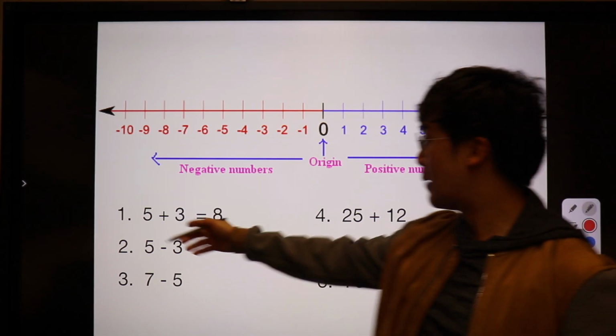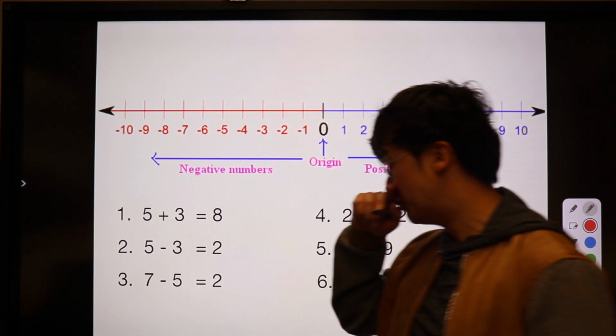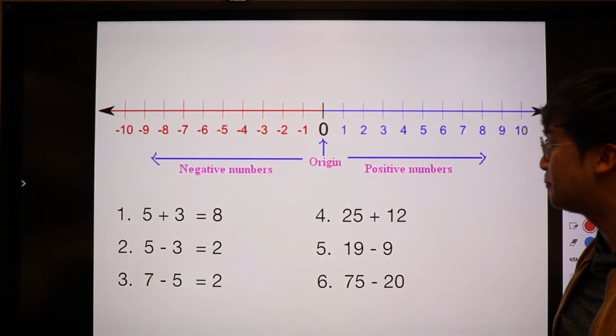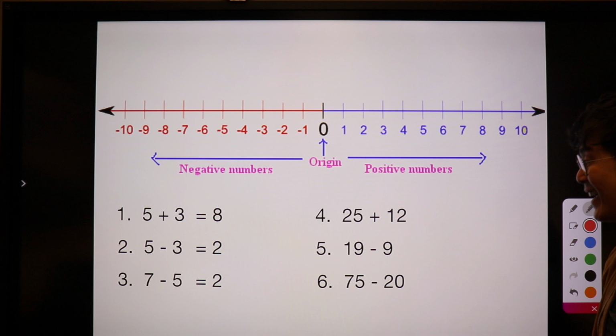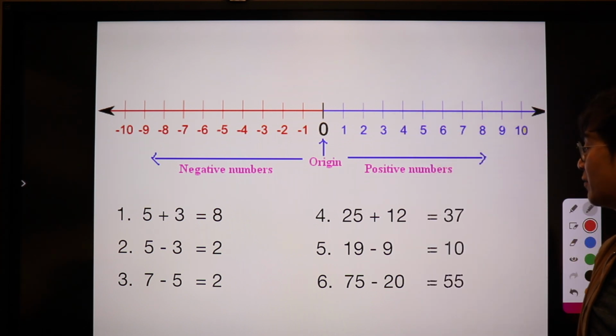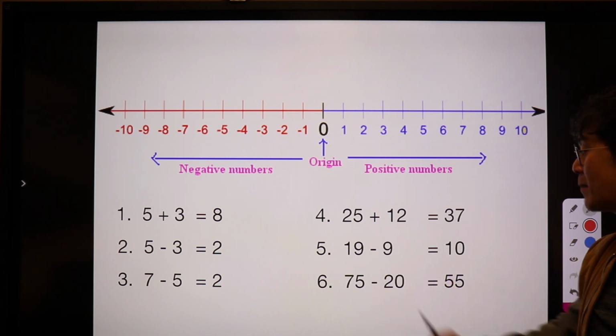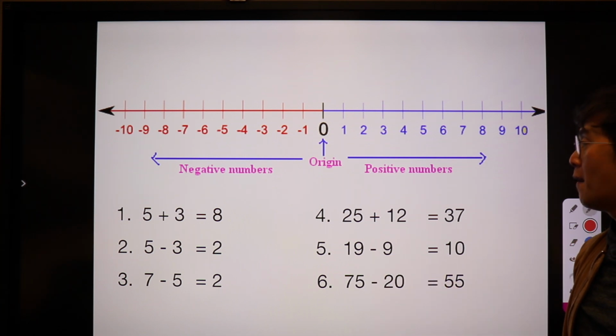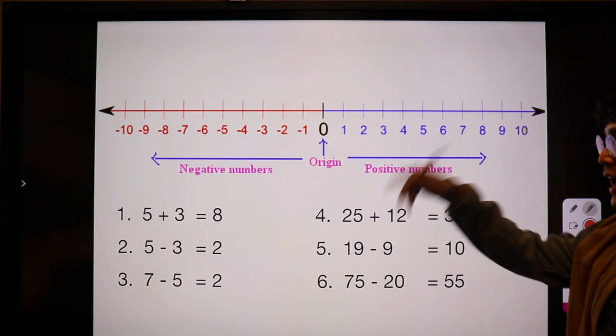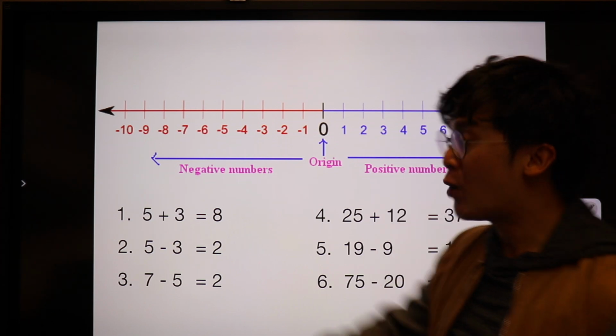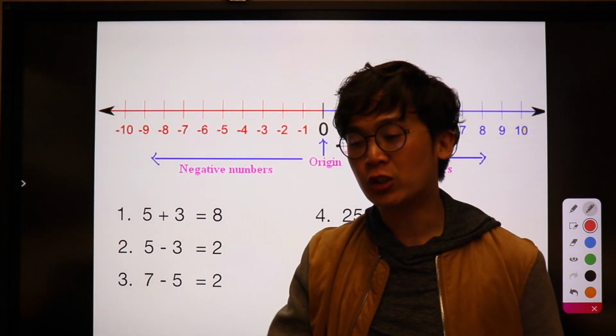So for number 1, we have 8, we have 2, and we have 2 using the number line. And for 4, 5, 6, knowing what you know now with your number line, 25 plus 12 is equal to 37, 19 minus 9 is equal to 10, and 75 minus 20 is equal to 55. And that is how we use the number line when we add and subtract integers.